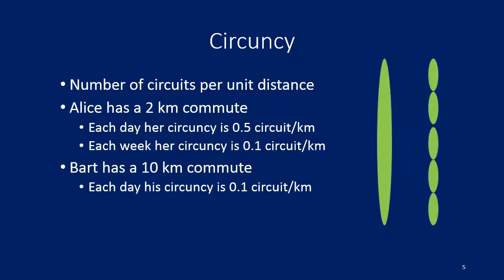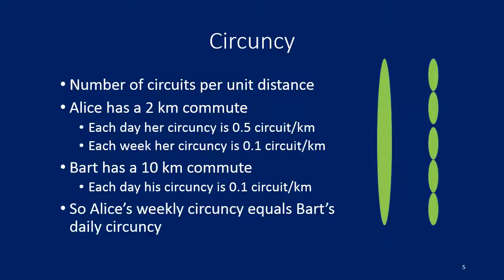Then say Bart has a 10-kilometer commute. Well, then each day his circency is 1/10 of a circuit per kilometer. So we could say that Alice's weekly circency equals Bart's daily circency.